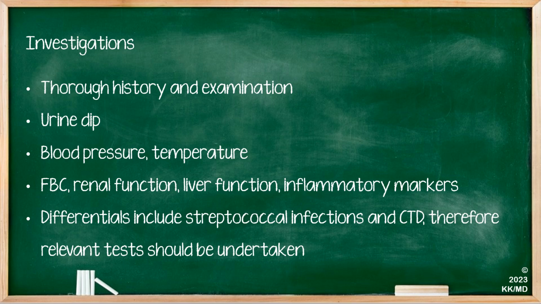Moving on, you would want to do some basic blood tests such as full blood count, renal function, liver function, and inflammatory markers. And it's crucial to differentiate this from other infections and connective tissue diseases, so if it's not a clear-cut case or history, it would be important to ask for extra investigations and antibodies as appropriate depending on the case.